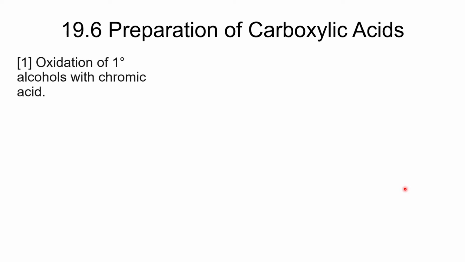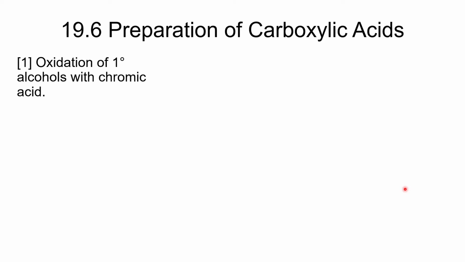Okay, so now we want to get into this section where we talk about the preparation of carboxylic acids. And there are a number of ways to prepare carboxylic acids, and we're going to go over some of them. Some of these are review, things that you've seen in previous chapters, and some of them are a little more recent. I don't know if there's any new ones here.